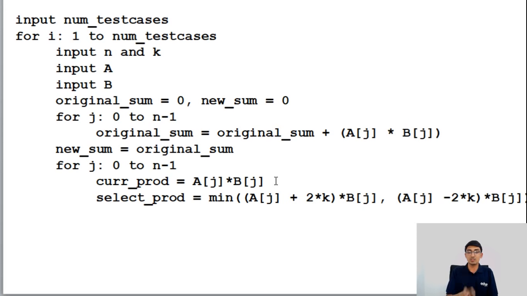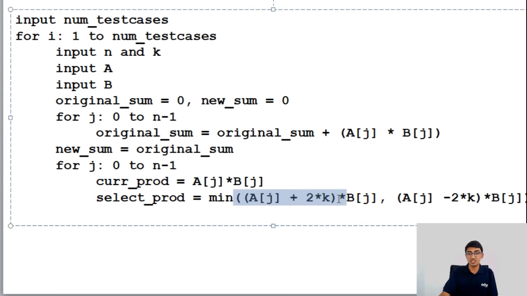Okay. Once we have done that, then we're going to see what happens if we attack this element. If we attack this element, we can either increase it by 10 or decrease by 10 if k is 5, or increase by 2k or decrease by 2k the current element. So the increase by 2k is this case, the decrease by 2k is this case.